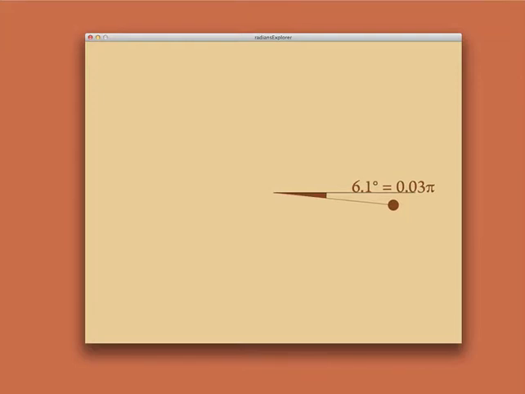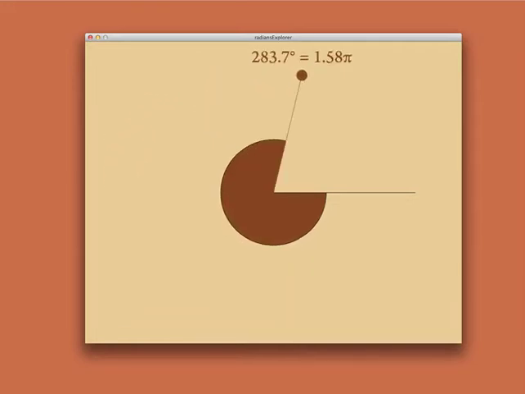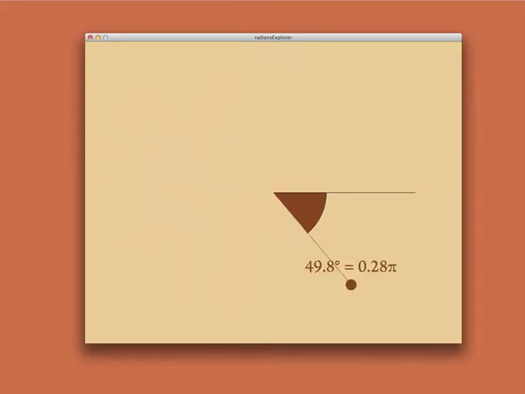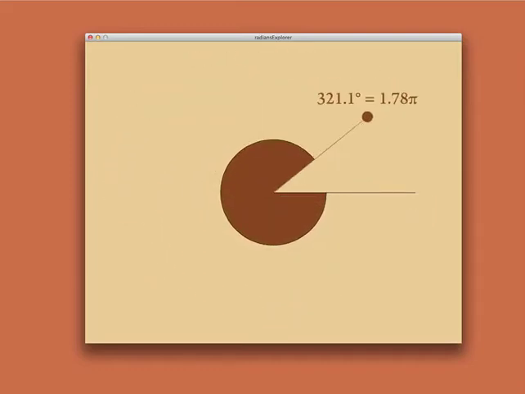I find in my own projects, I usually type in and manage my numbers in degrees because they're easier for me to think about, and I hand them to the routine radians whenever I want Processing to work with those numbers. If I let Processing compute an angle for me and I want to print it out, I hand it to degrees first so I can make better sense of the number I'm seeing.